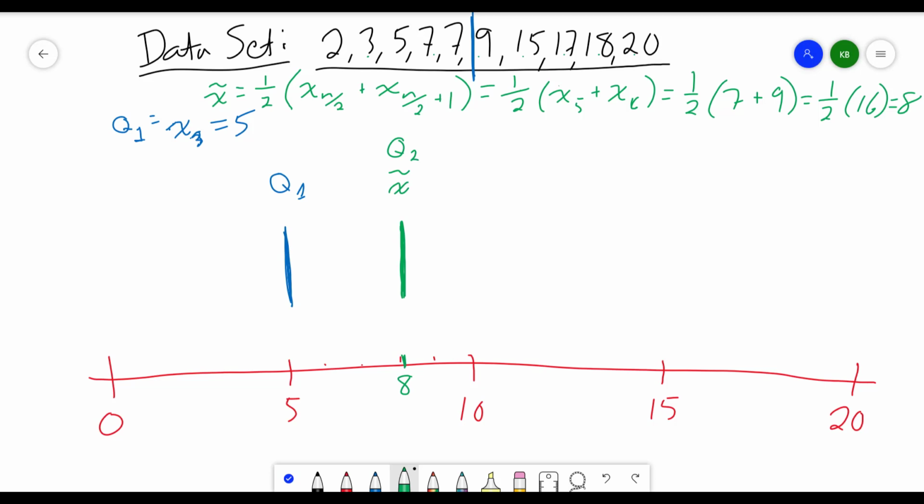And then you can look at the second half of the data to find what's called your third quartile. So the third quartile is the median of the second half of the data. Again, there's 5 entries there, and so we want the third one. So we look at x sub 3 in the second half, which is 17.